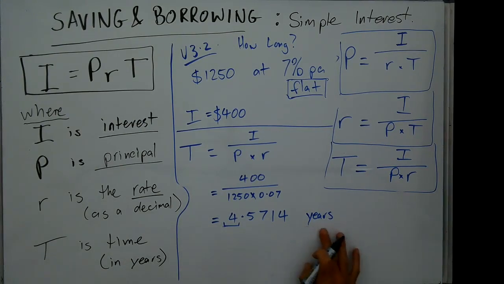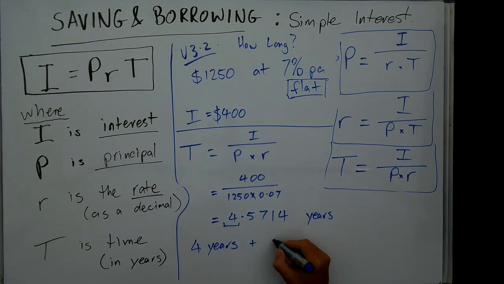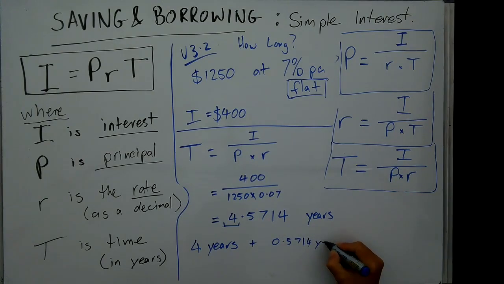So to make this a better answer, we're going to say this is 4 years plus 0.5714 years. And in order to make this slightly more meaningful, what I'm going to do is multiply it by 12, because there are 12 months in a year.